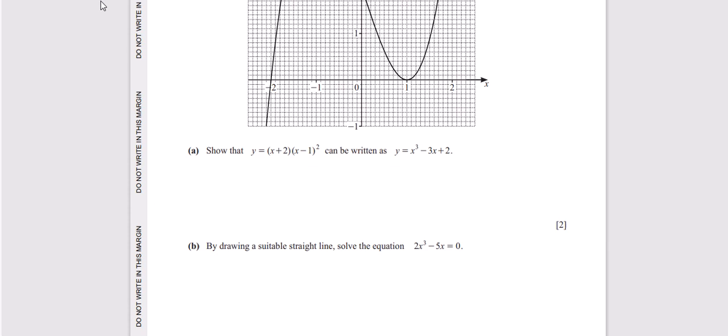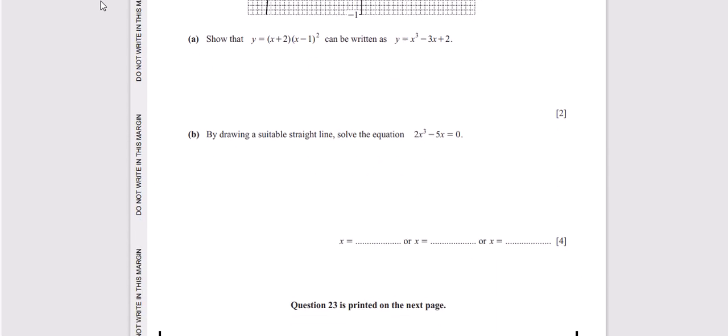So given that y is equal to (x + 2) times (x − 1) squared, we open the square and get x² + 1 − 2x. So y is equal to x multiplied with x², that is x³, x multiplied with 1 is x, and x multiplied with −2x is −2x².